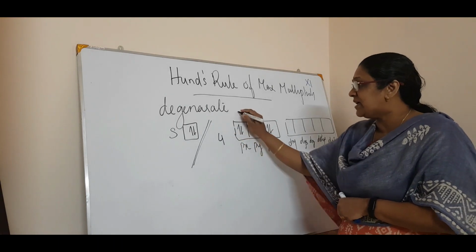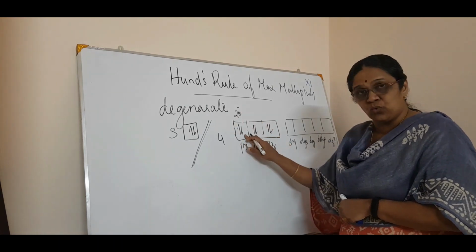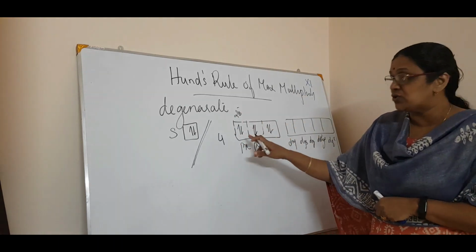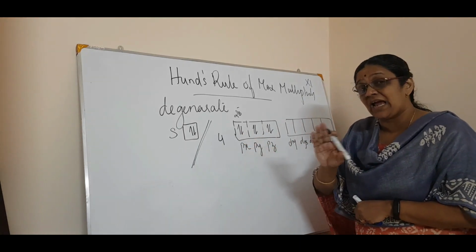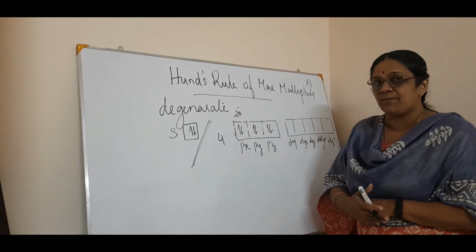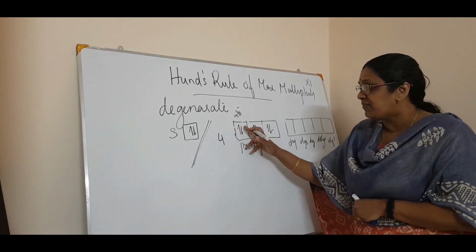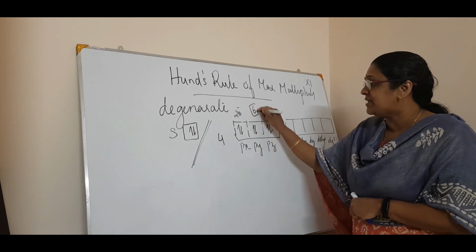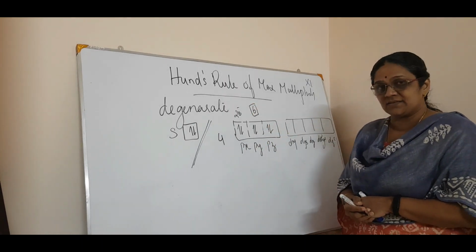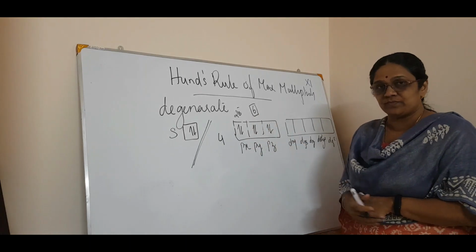For each orbital, the maximum number of electrons is 2. Now, according to Pauli's exclusion, they must have opposite spin because 2 electrons cannot have all 4 quantum numbers the same. That is why one is plus half, the other is minus half. Likewise this and likewise this. So the total number is 6, that is 2 plus 2 plus 2.